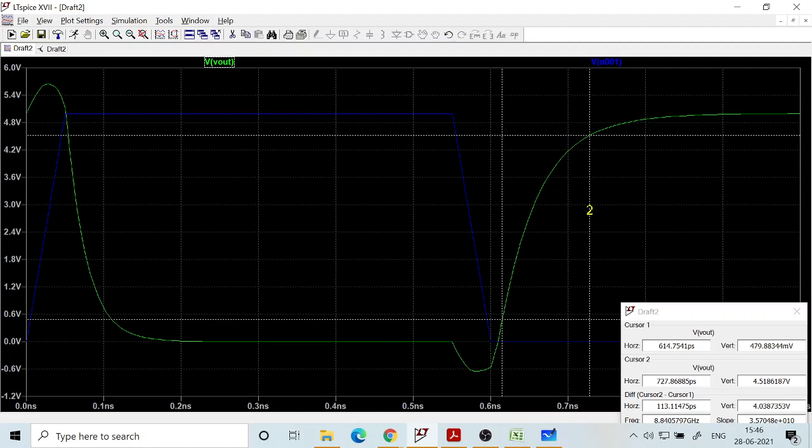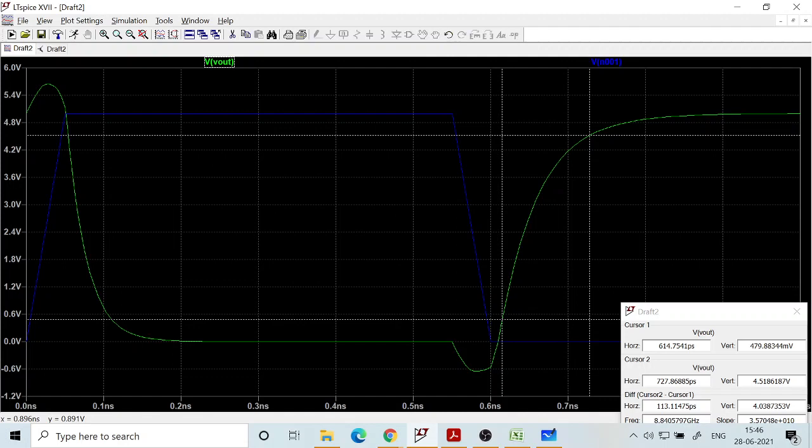This is roughly 4.5 volt. Okay, so vertical axis, if you look, one is at 0.5 volt and the other is at 4.5 volt. Now you look at the horizontal axis.